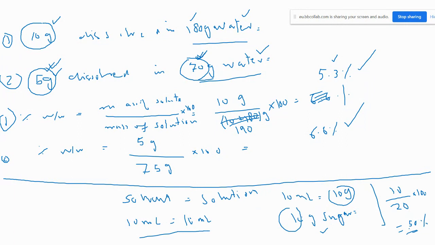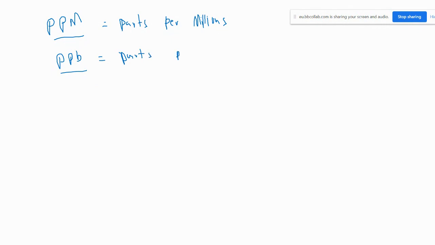Okay, so now we go for the other concentration units, just like percentage. We have ppm and ppb. ppm means parts per million, and ppb is equal to parts per billion.